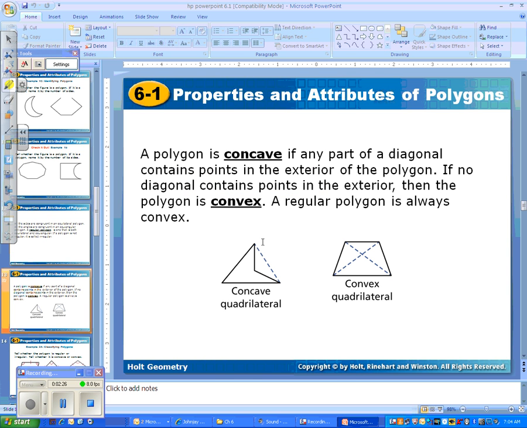Another way to classify polygons is whether they're concave or convex. Concave, I like to remember it as caving in. Or if you look at the diagonals, notice you're going from one vertex to the other vertex. If any diagonals are outside, that's called a concave polygon. If all the diagonals are inside, that's called a convex polygon.